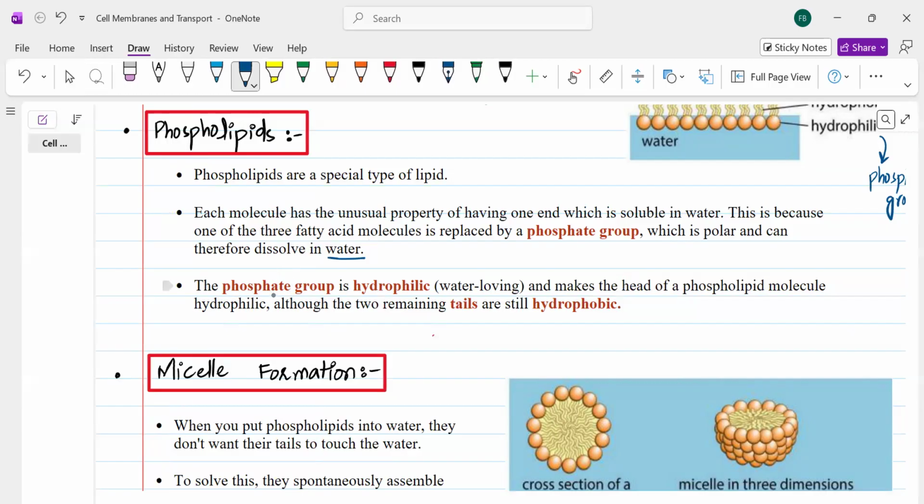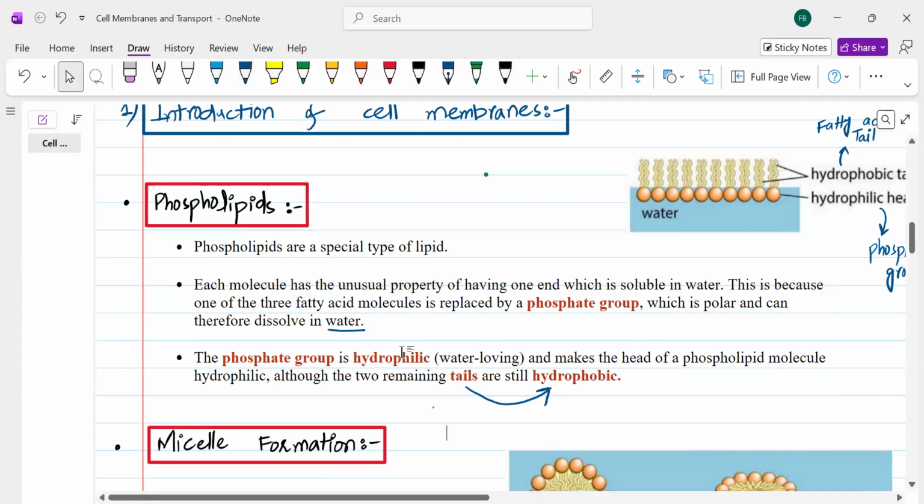Why can phosphate group dissolve in water? Because it is polar, and water is also polar. Then the phosphate group is hydrophilic, water loving, and makes the head of the phospholipid molecule hydrophilic, although the two remaining tails are still hydrophobic.